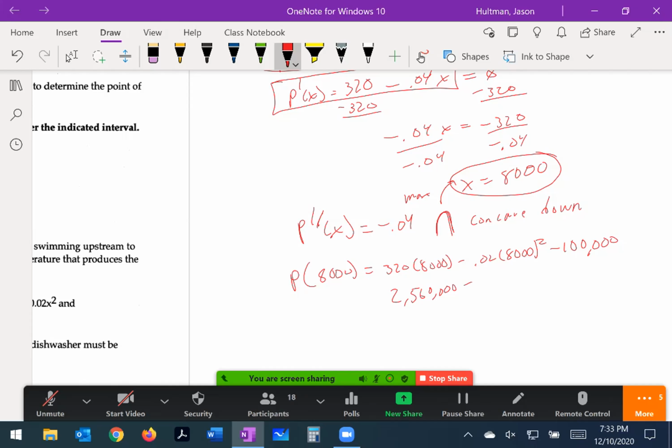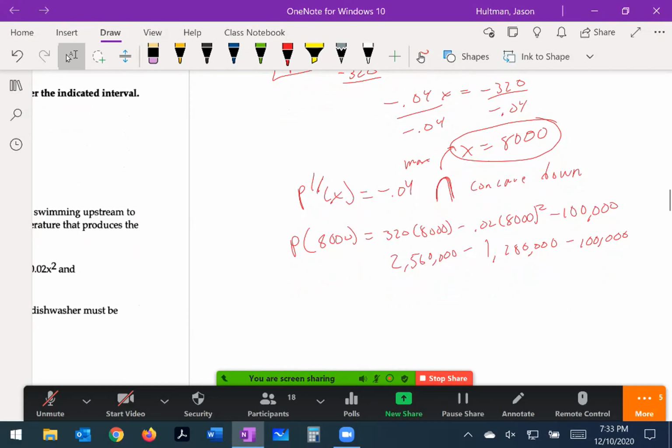Is that right? Yeah, 0.02. That is 1,280,000 minus 100,000.